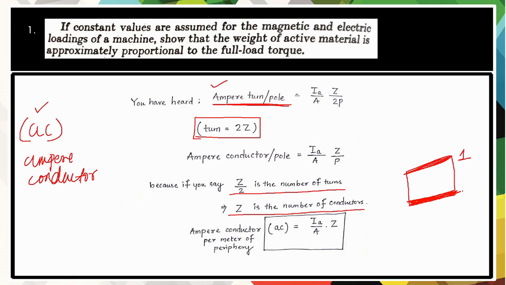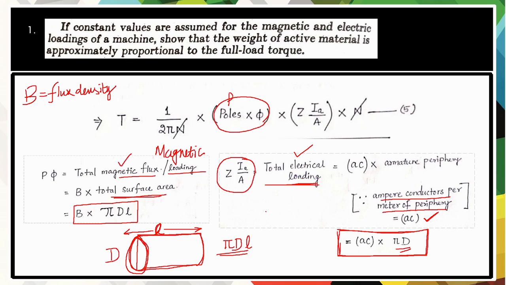Here is 1 conductor and here is another conductor, 2 conductors per 1 turn. So we can say ampere conductor per meter of periphery AC equal to Ia by A into Z. So here we have written ZIa by A equal to AC into armature periphery.